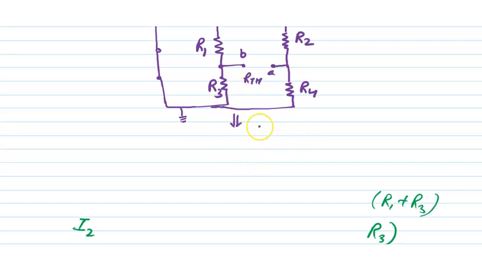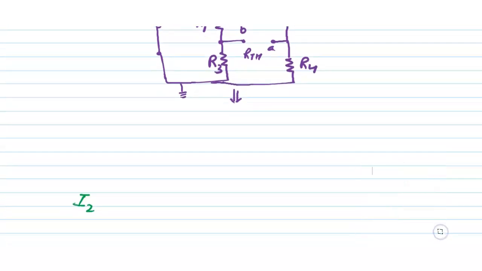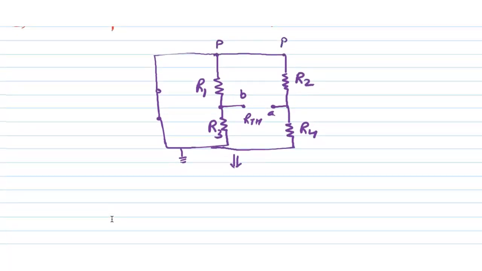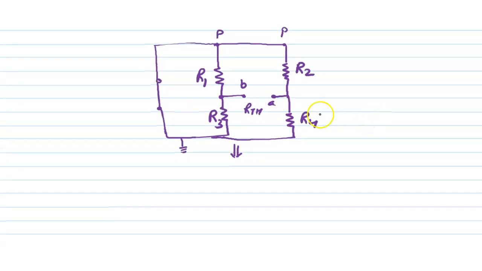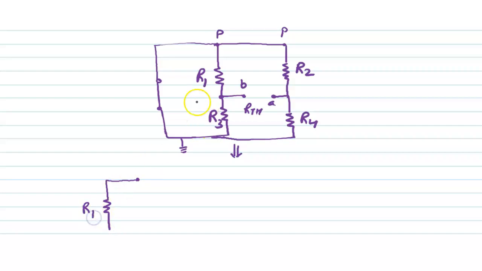Here is point B, here is resistance R1, and this is the Q point.